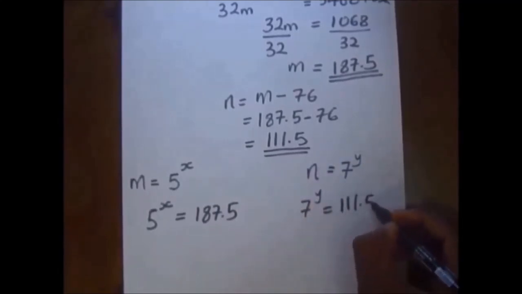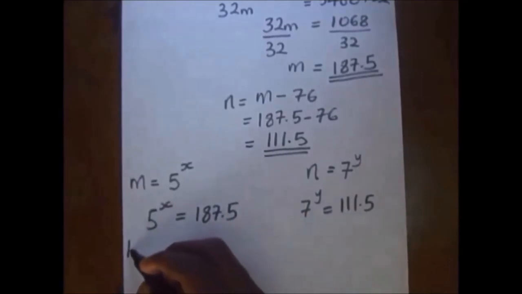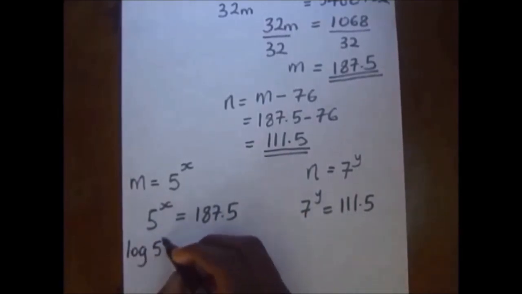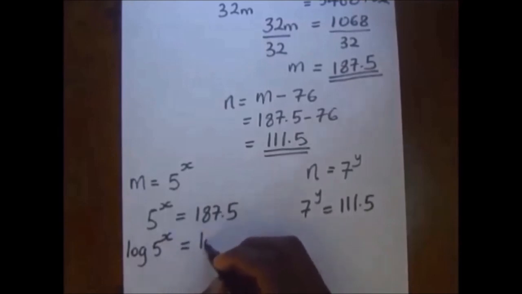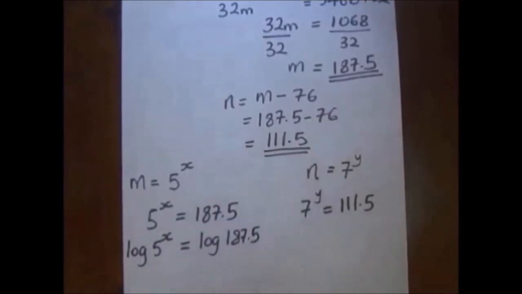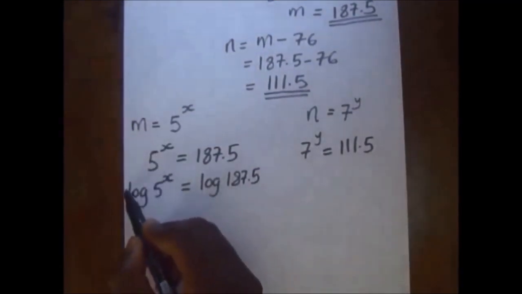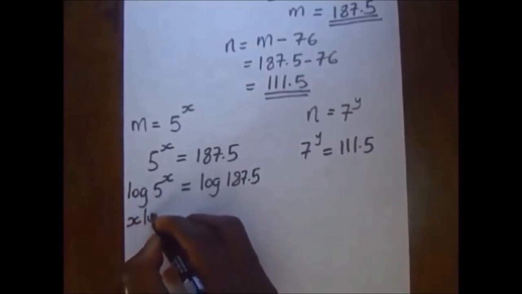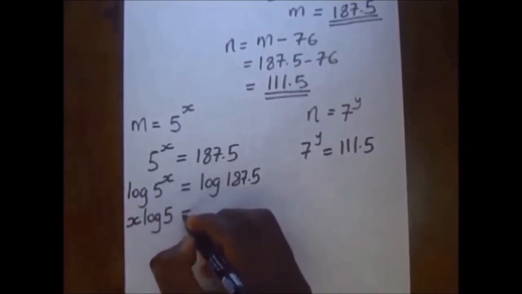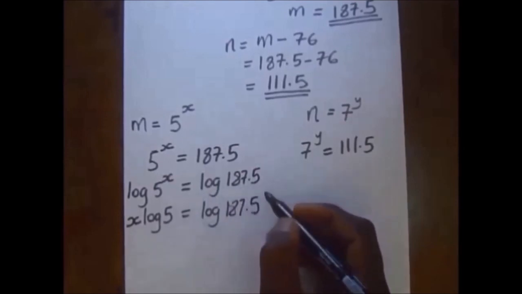What is our value of n? 111.5. So what we do here, we introduce log base 10 on both sides. So this becomes log of 5 to the power x is going to be equal to the log of 187.5. So from our law of logarithms, this x comes down there. It becomes x log of 5 is going to be equal to log of 187.5.